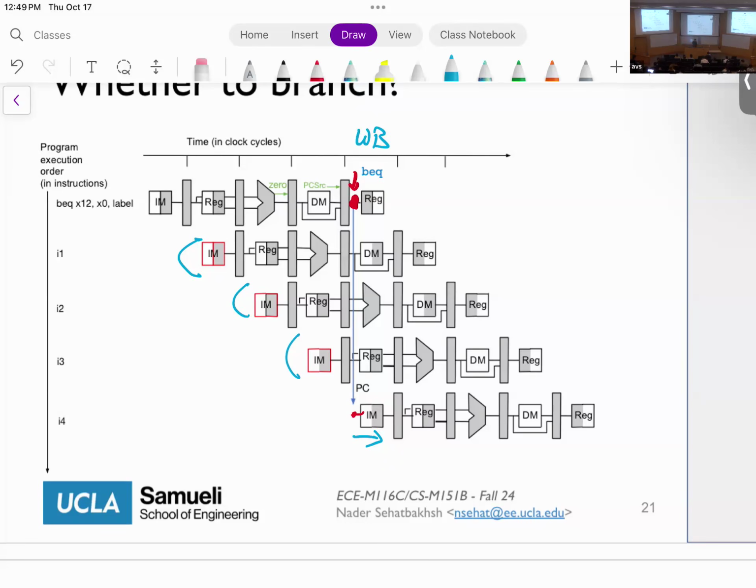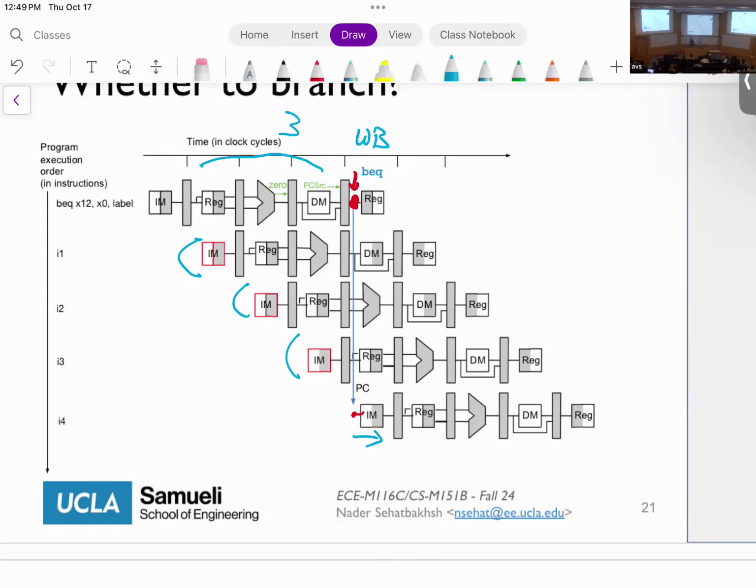So the question is, are you talking about the guessing part? Because for now we are just stalling. The question is, if it takes 3 cycles for us to know, what happens during those 3 cycles? There are 2 things that can happen. Usually we're just going to feed no ops, so no register is going to be written, nothing is going to happen.